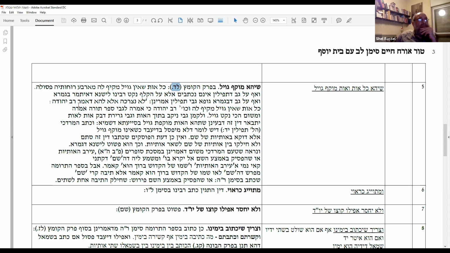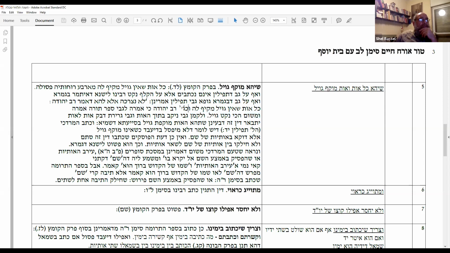We only need it, over there means we only need to learn the Mishnah, and we will get to that a little bit later on in this shiur. We only needed to learn this ma'amar of Rav Yehuda, Kol ot she'ein gvil makifla me'arba ruchotea psula.